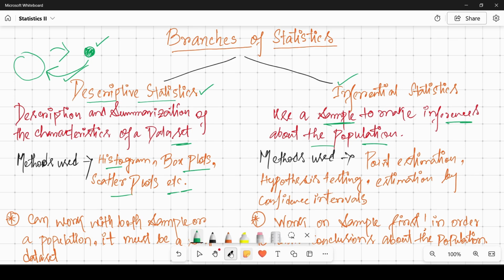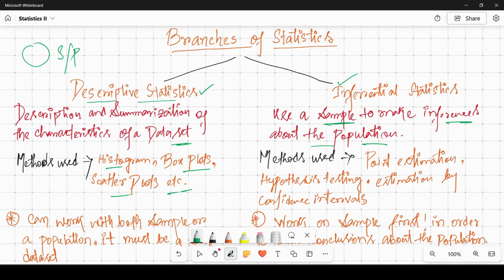All you need to know is that descriptive statistics is something that is only interested in giving us a description or summary of a specific sample, or it can also be a population. It can be a sample or a population.